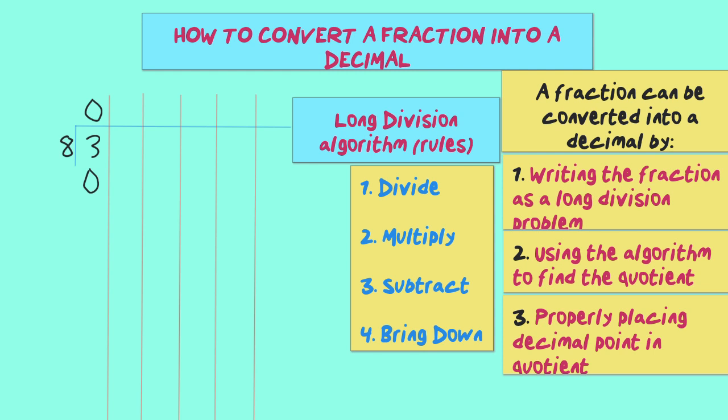We are subtracting 3 minus 0. 3 minus 0 is 3. Now we bring down. We don't have a number to bring down, and so we put a 0 here to bring down. We bring down that 0. Now we have the number 30.